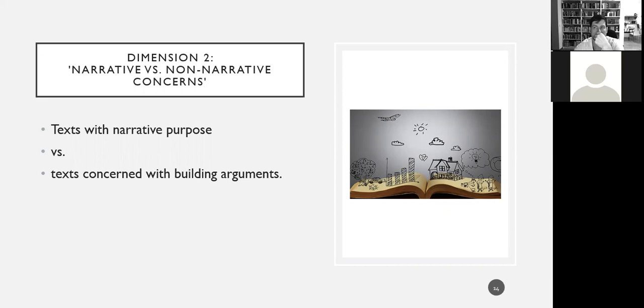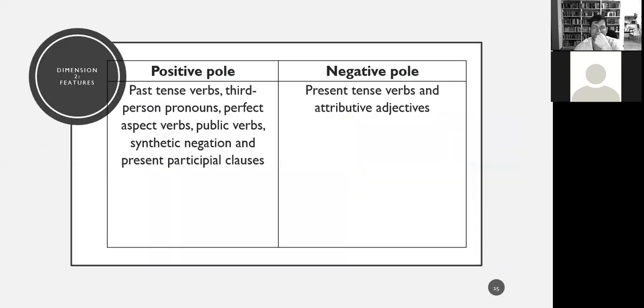And surprisingly, according to Douglas Biber's findings, the genre with the largest negative loadings on this dimension were broadcasts, hobbyist broadcasts.